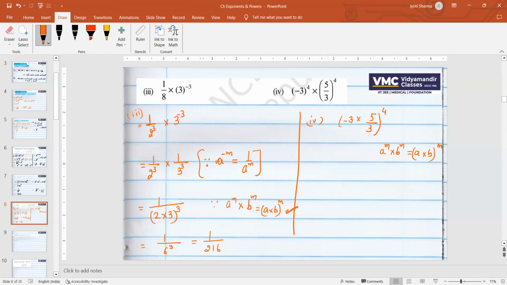Powers are same. You can see that the 3 is going to get cancelled out. I can write minus 4, 5 raised to the power 4, and it is exactly same, because if a negative number is raised to an even power, it is equal to the positive power.